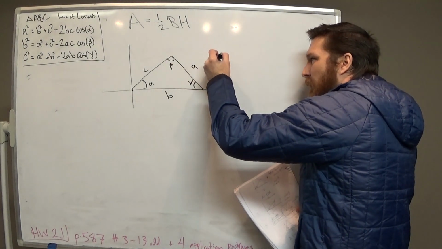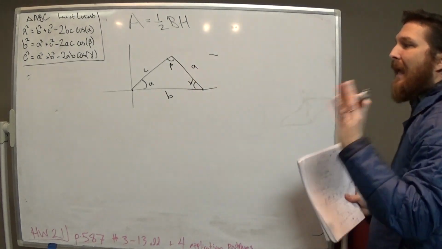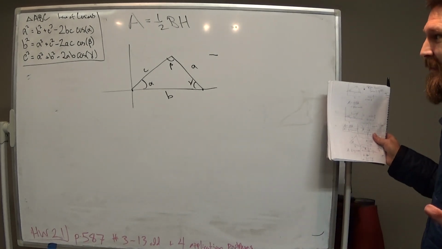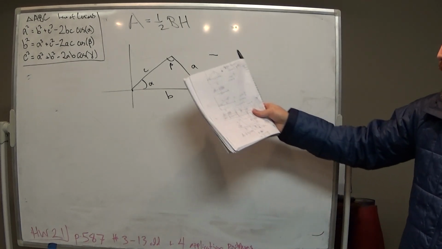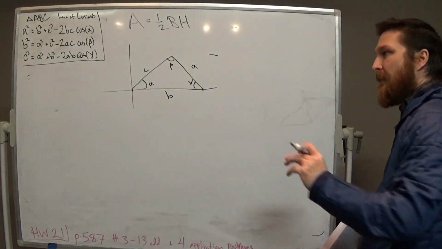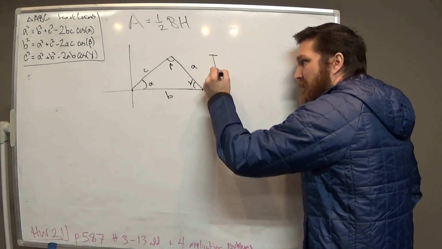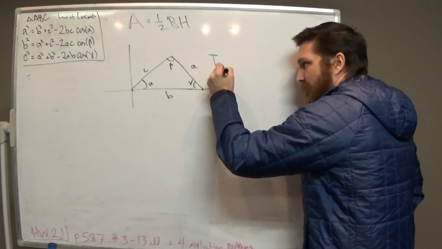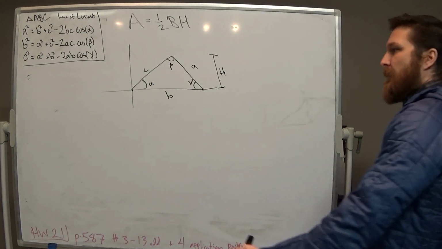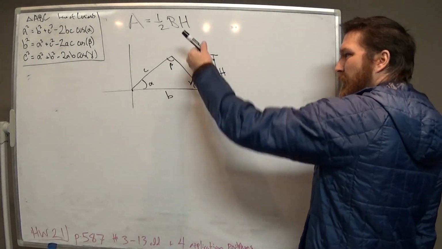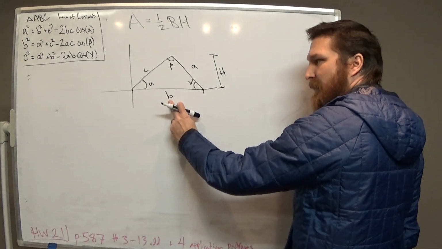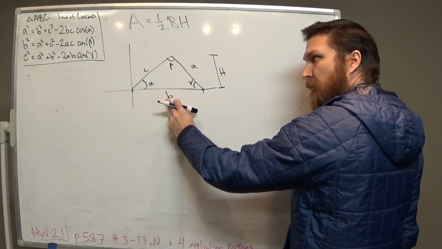The height that we're looking for, right? What we're trying to do is find the area of this triangle, okay? So we need the big B for base, and we need the big H for height. The big H for height is this right here. That's H. The big B for base turns out to just be the little b for base, okay?